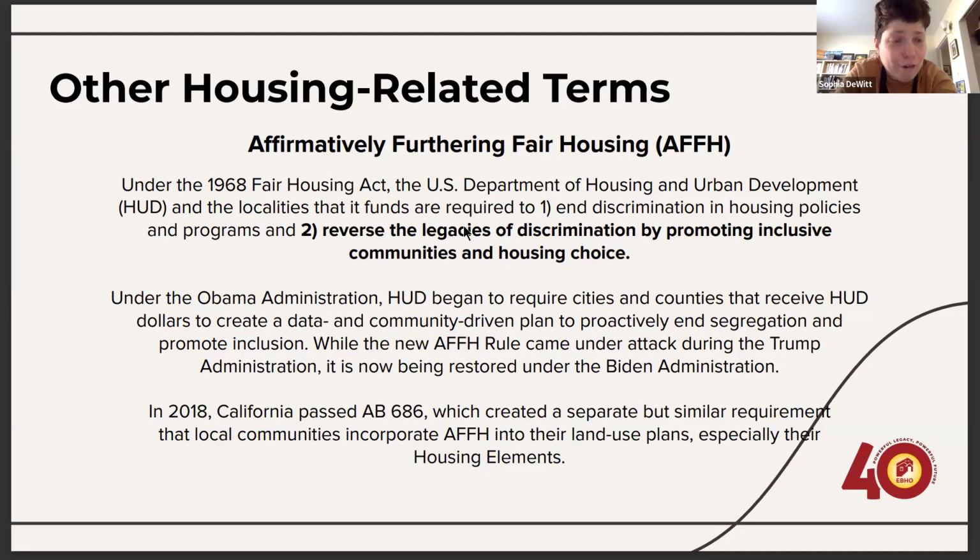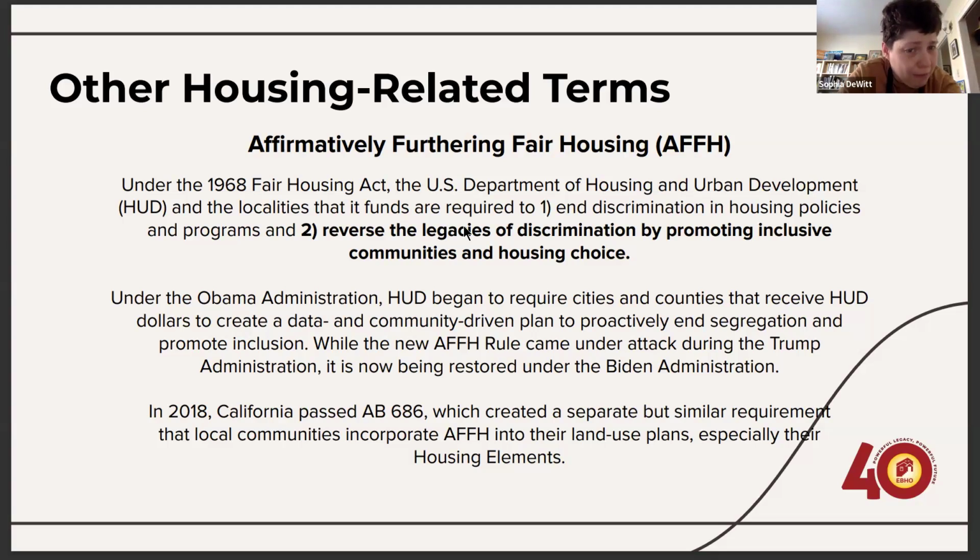They have to take affirmative steps to redress the harms that have come from previous discrimination in the housing system. And this is something that jurisdictions have been required to do in various forms, starting with the 1968 Fair Housing Act.